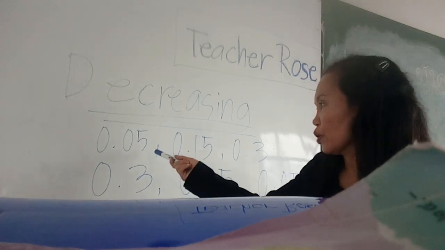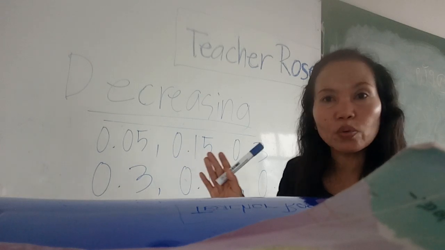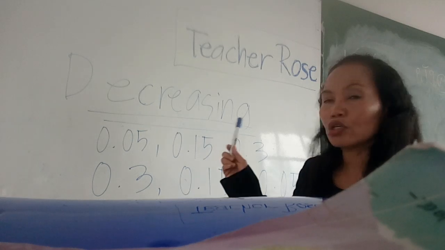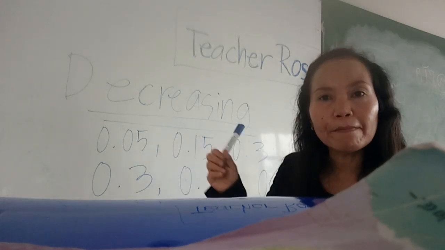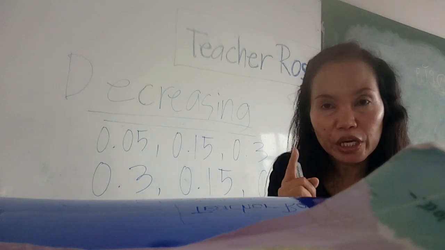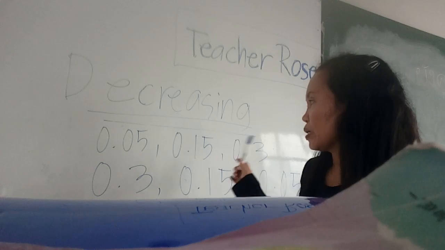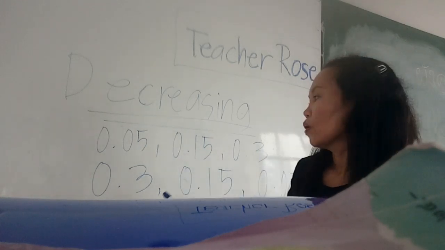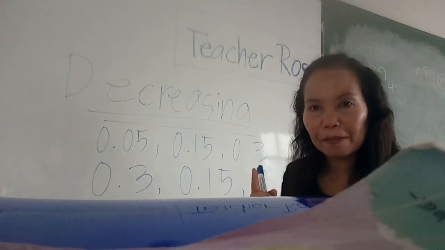Okay, if I will give you example 10 digits of numbers so that you will not be confused and you can answer correctly, you should be watchful with the number after the decimal point. Okay, so 3 is the biggest out of these examples. That's why we write 0.3 first. Okay.